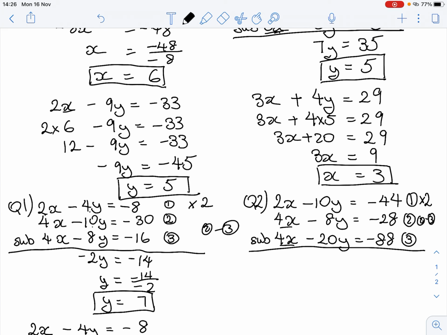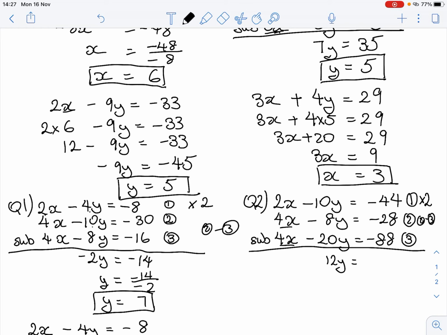So 4x take away 4x is nothing. Minus 8y subtract minus 20y becomes minus 8y add 20y, which is 12y, equals minus 28 minus 88, which becomes minus 28 plus 88.